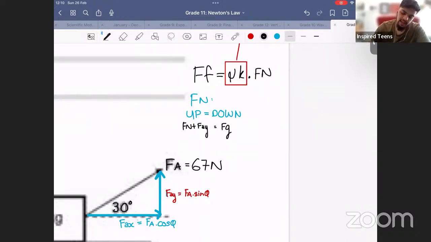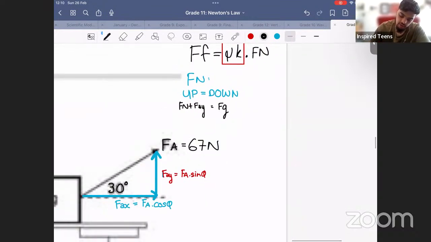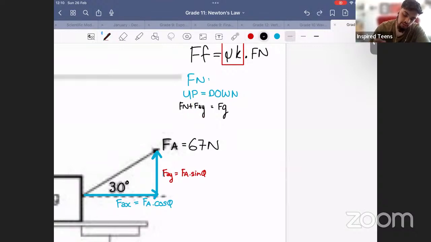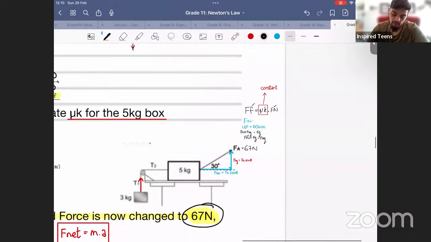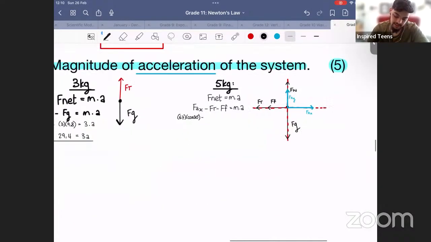Did any of these change? Yes, Fay did change. So Fn is equal to Fg minus Fay. Since Fay changed, Fn changed. Since Fn changed, friction also changes. I hope that makes sense.